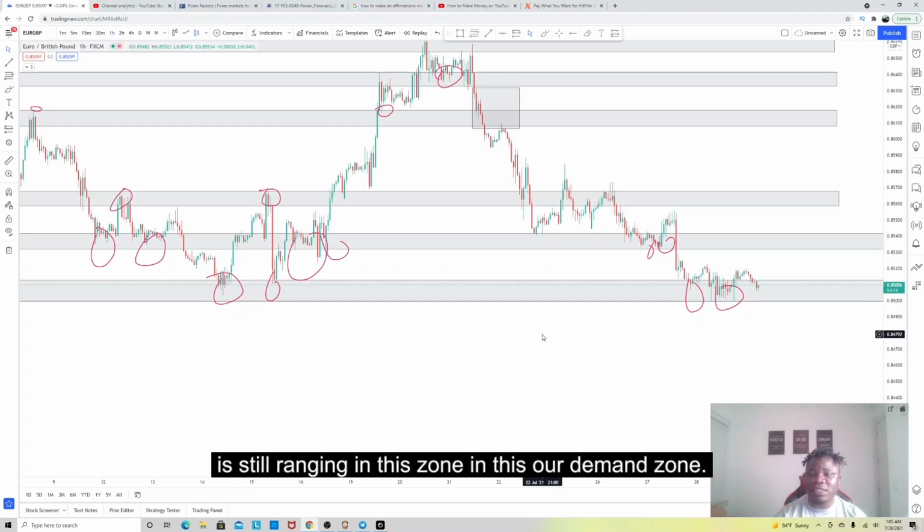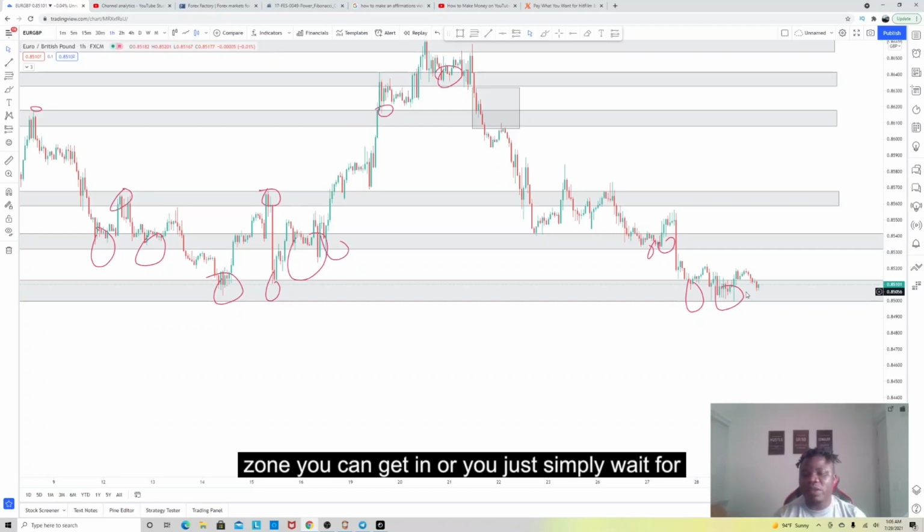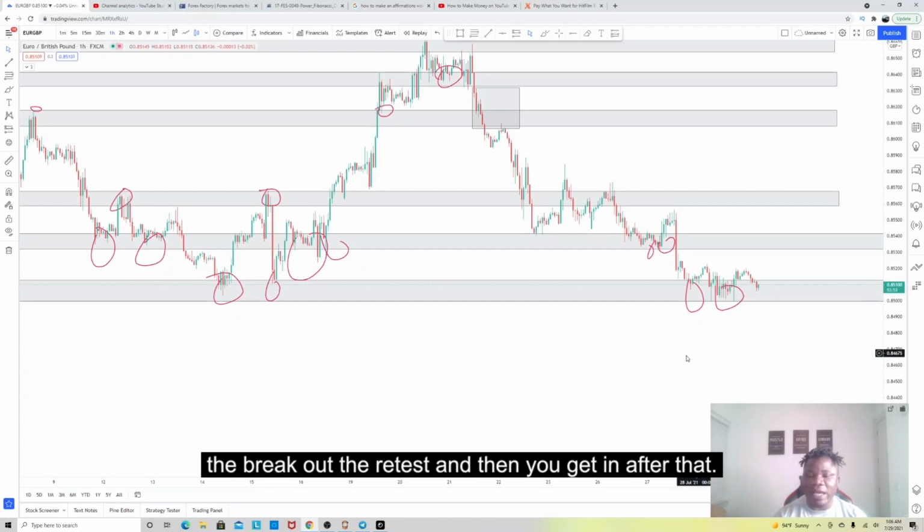Now price is still ranging in this zone, in this demand zone, so you just got to wait for price to break your demand zone. Then you can either get in after price closes below your zone, or you just simply wait for the breakout, the retest, and then you get in after that.